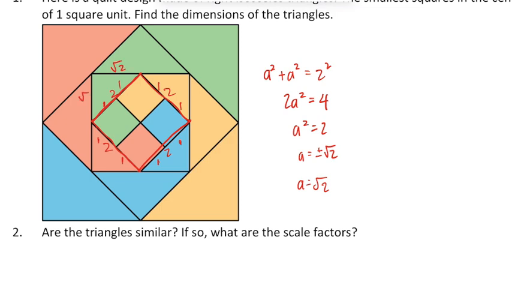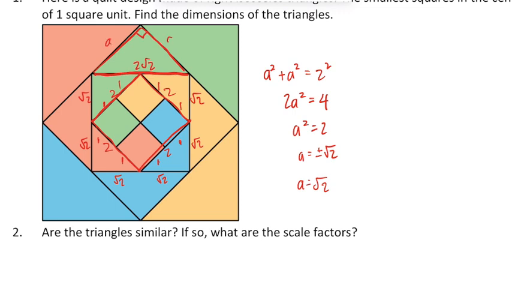So this is root 2, root 2, root 2, root 2, root 2, root 2, root 2, root 2. And then the whole thing is going to be 2 root 2. So this whole length is 2 root 2. And then if you want to find these side lengths, again, it's a right triangle.